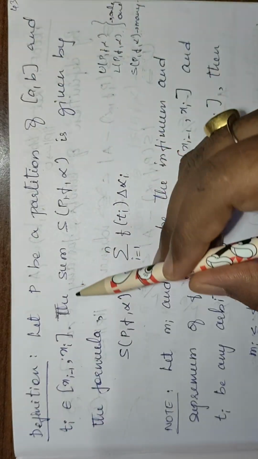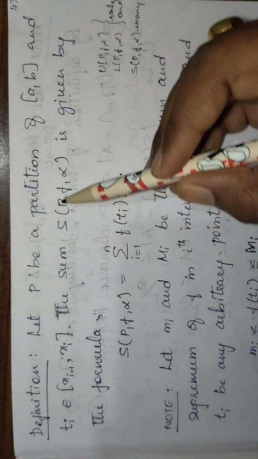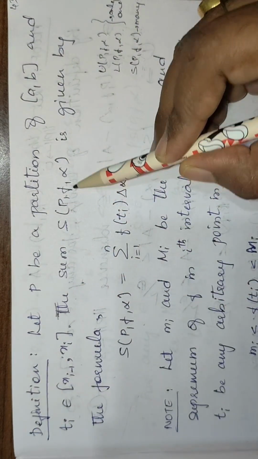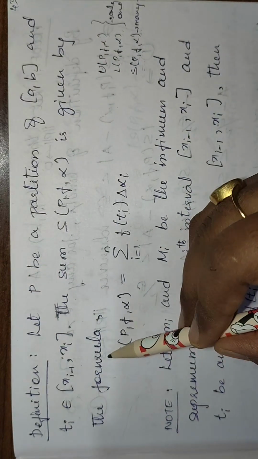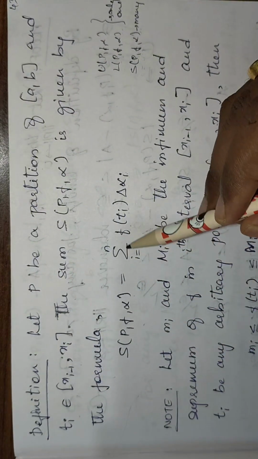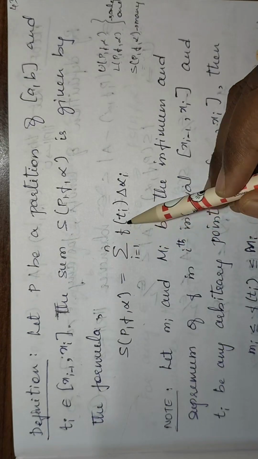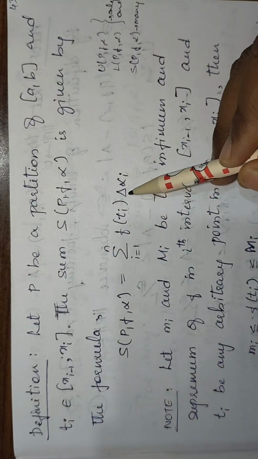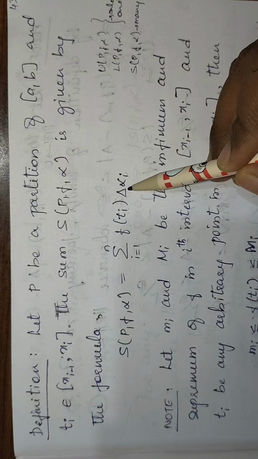Then the sum S(P, f, alpha) is given by S(P, f, alpha) = summation i equal to 1 to n of f(ti) delta alpha i.